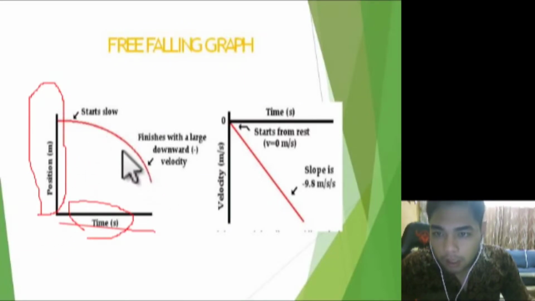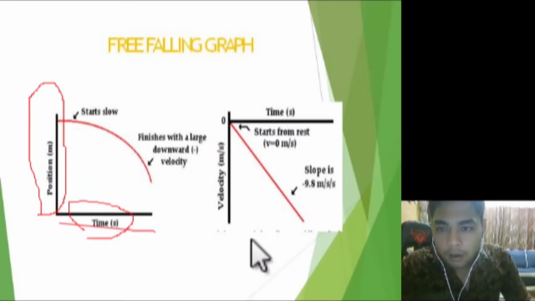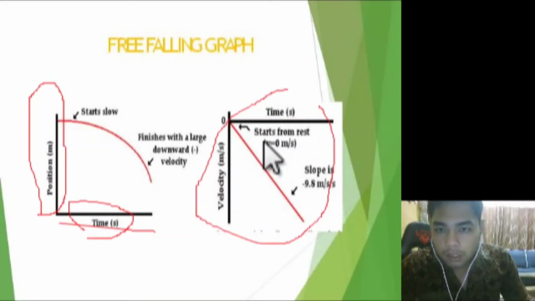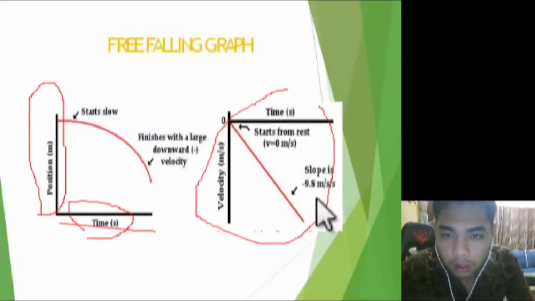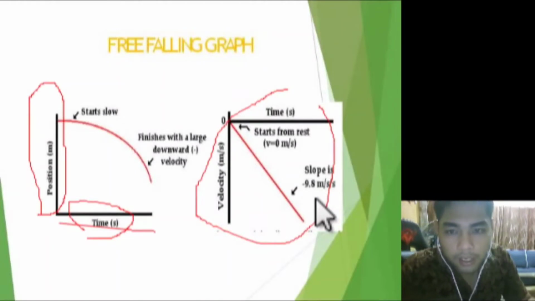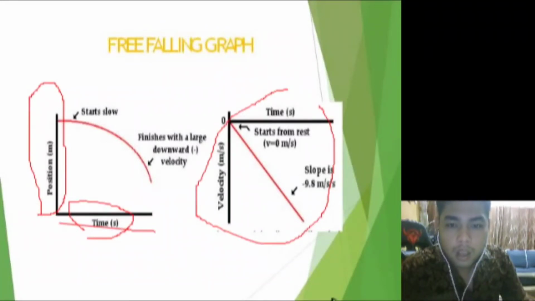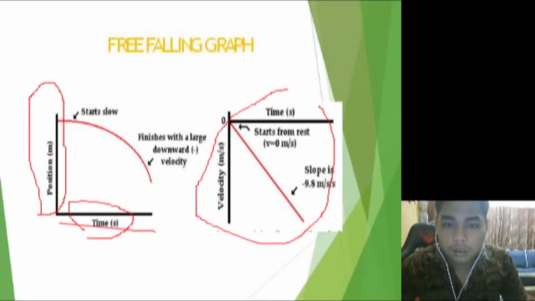It shows a slope with a large downward velocity, and for this graph it shows it starts from rest, v equal to 0, and then it goes to the slope of negative 9.8 meters per second, and the other slide will continue for the next student. Thank you.